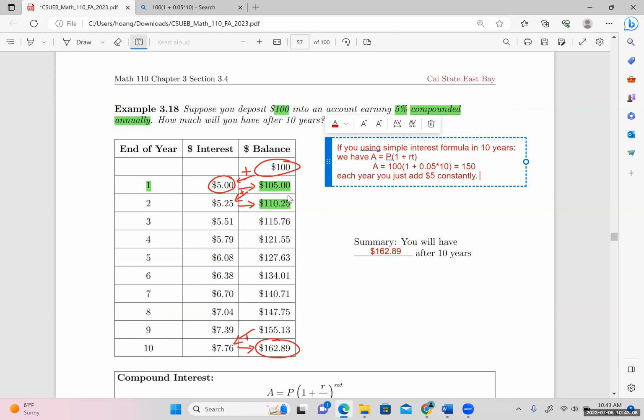After 1 year, I don't want to just stick with $100 as the initial amount. I add the interest and make the new initial amount 105. This looks like you are having an exponential function.